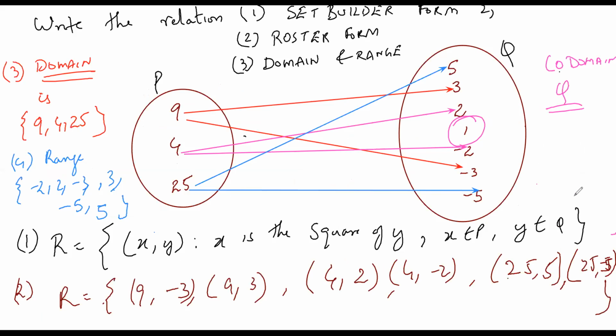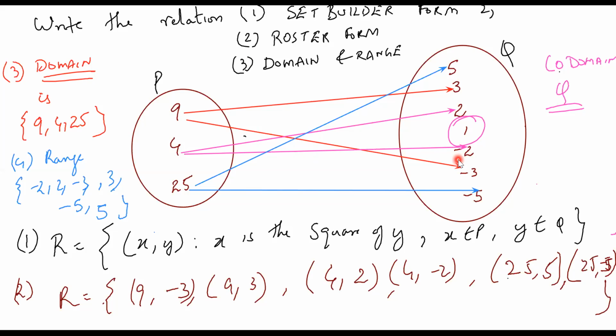Let me go back to my previous example. Here 9 has 2 images, 3 and minus 3. 4 again has 2 and minus 2. So this has more than one image, so it is not a function.